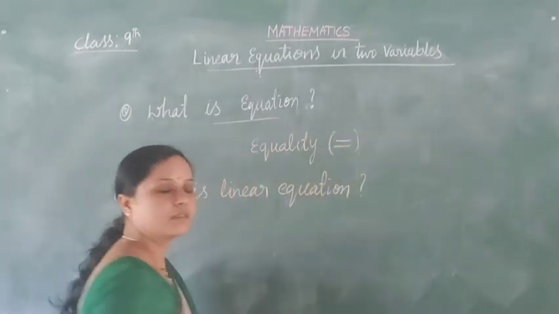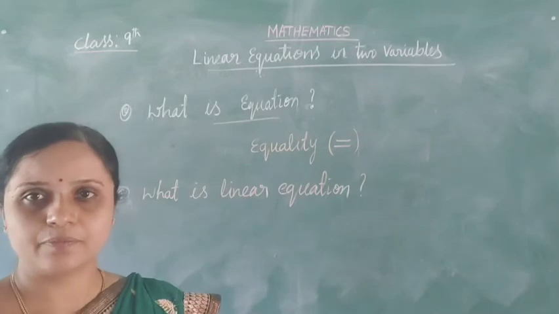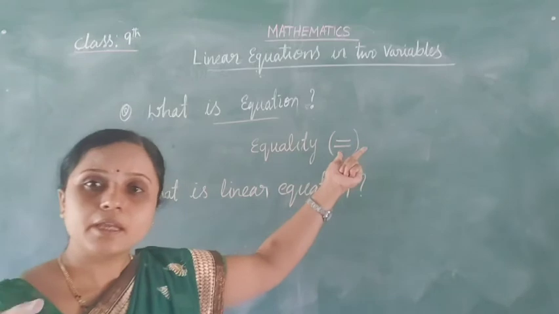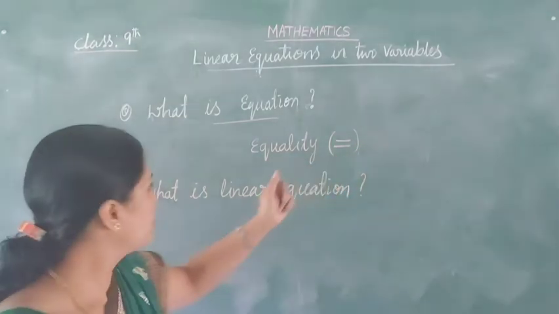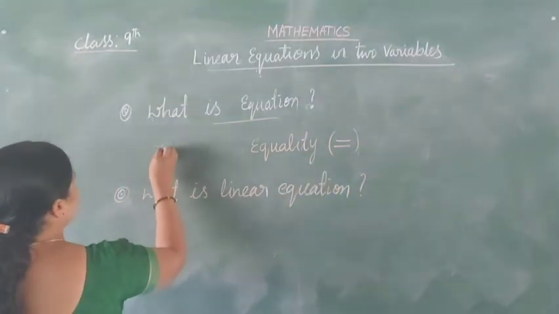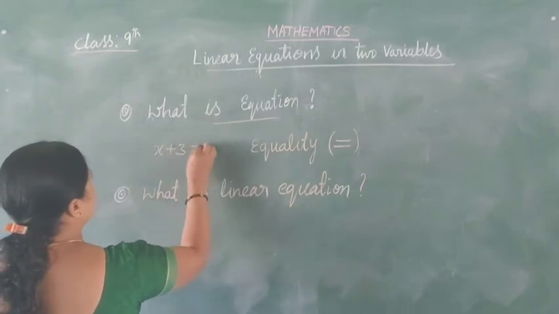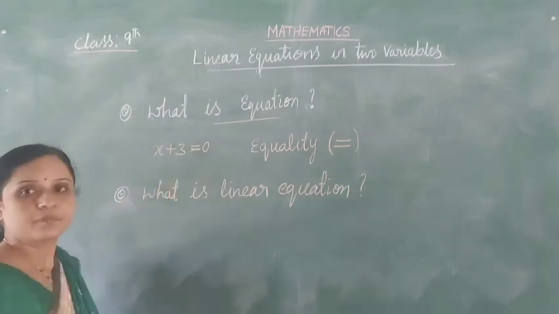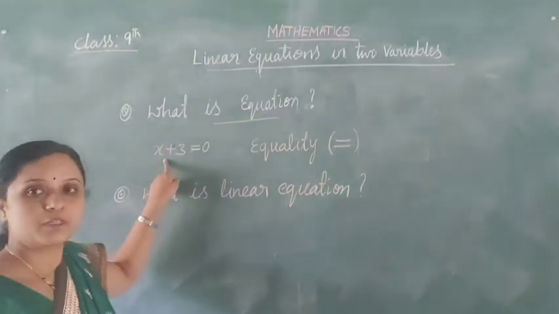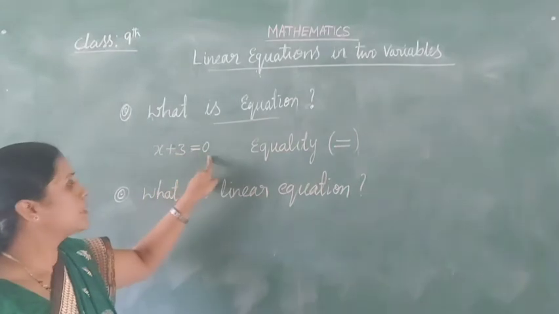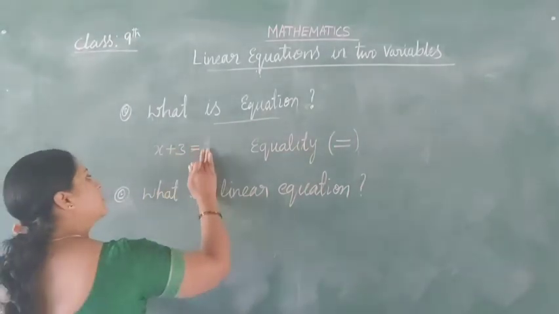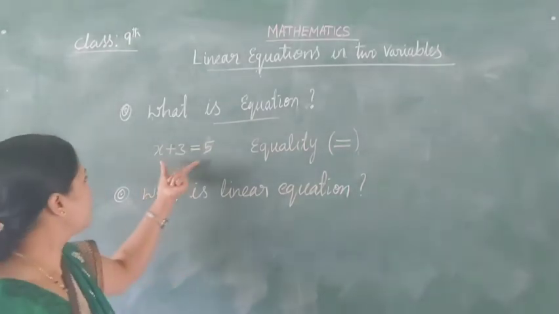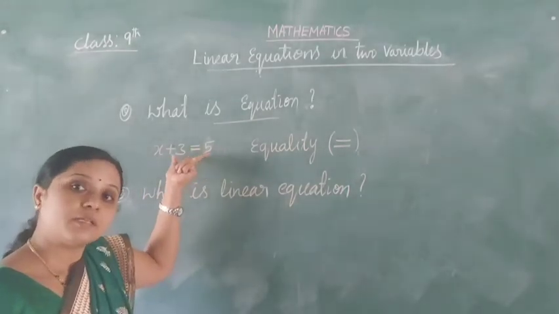This is the sign of equality. So we can use this sign in between any two algebraic terms. You can observe this one. x plus 3 equal to 0. So this is one expression. This is another expression. You can write either 0 or any other constant number. So this is an equation.